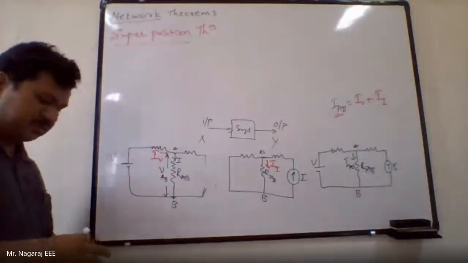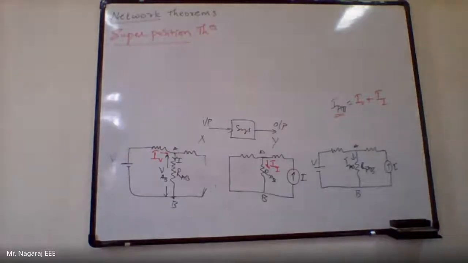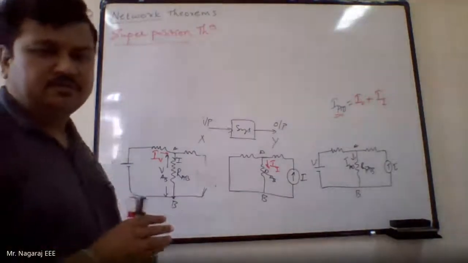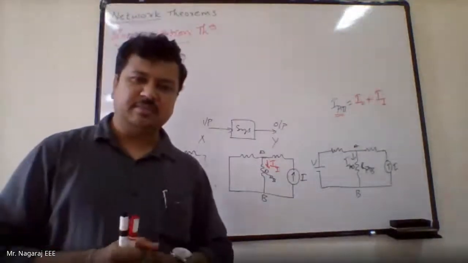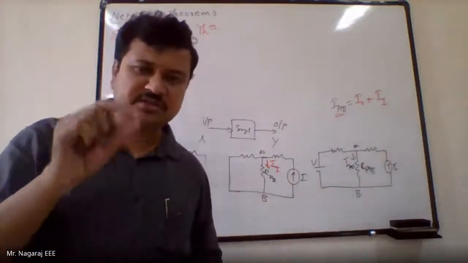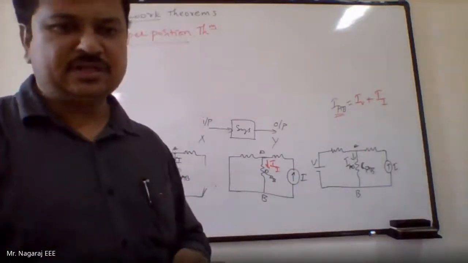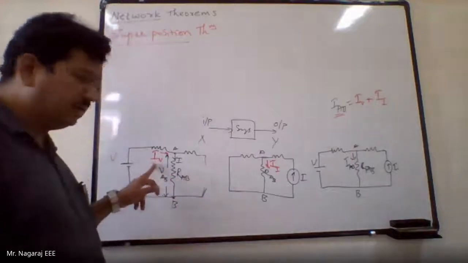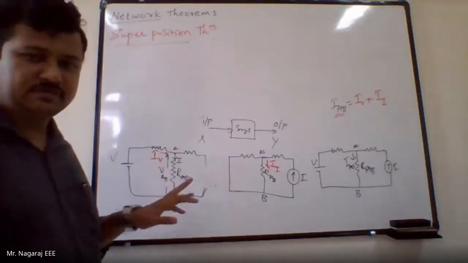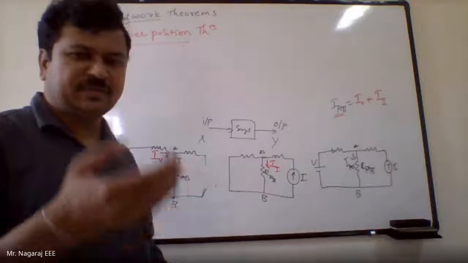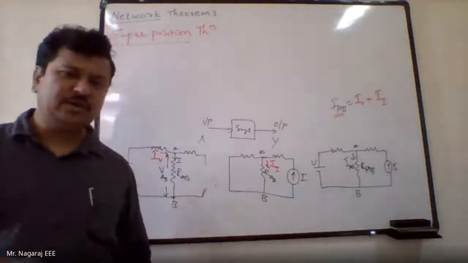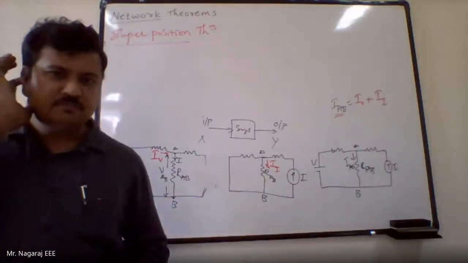So what the superposition theorem says is, in any circuit element, the response in that circuit element, the response may be current, the response may be voltage. Okay, but generally we first find the current, then we will get the voltage automatically by simply using Ohm's law.